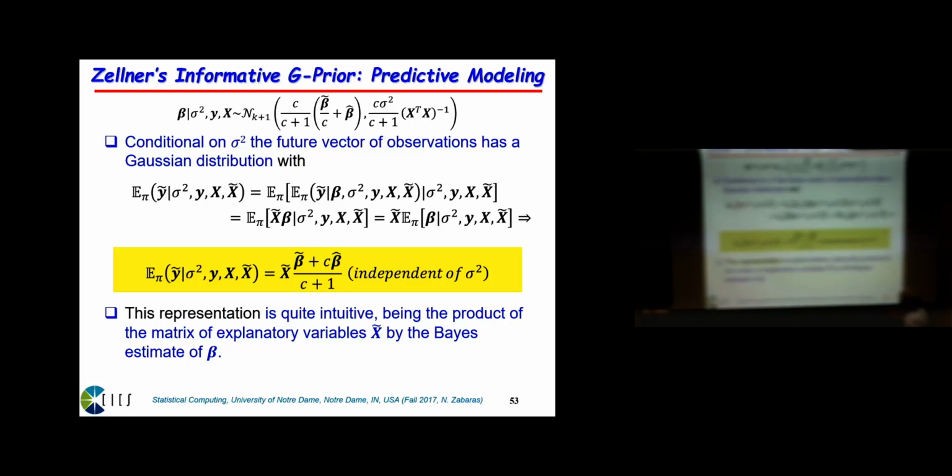So how do we find the mean of this distribution of curly Y given sigma squared, the training data, and X curly? What was the idea here? To find the expectation of anything, you can do what?